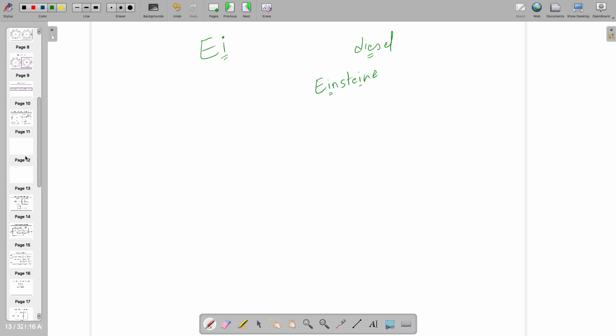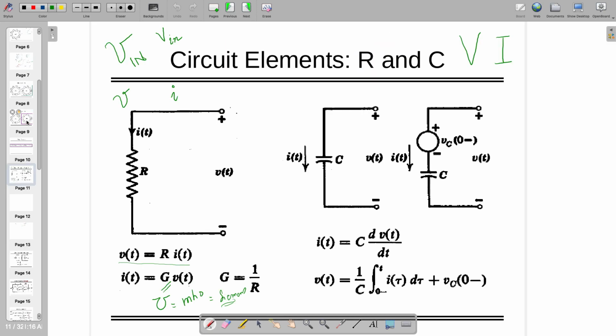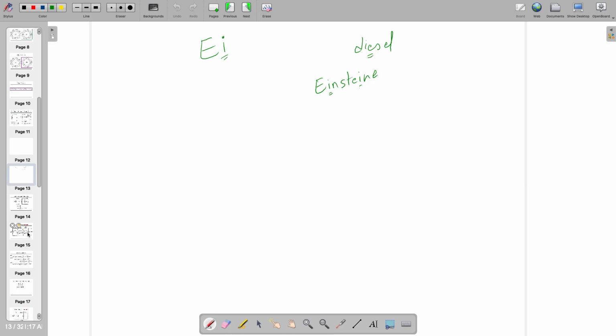That's why I generally get confused. Albert Einstein, no? It's a diphthong.